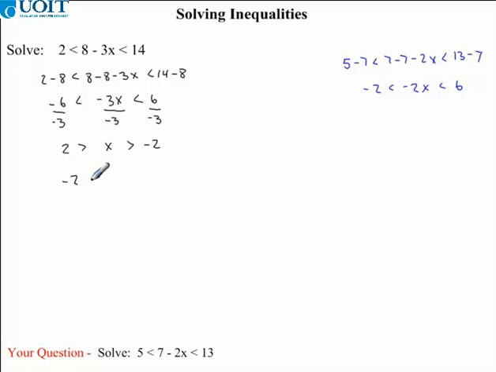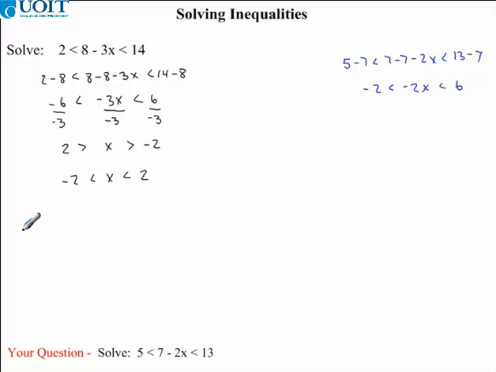Negative 2 is less than x, which is less than, you bring this 2 to the right-hand side, 2. These two lines are equivalent, they're just written differently. We have here now that when our x is between -2 and 2, we know that our original inequality is true. So this is our final answer.